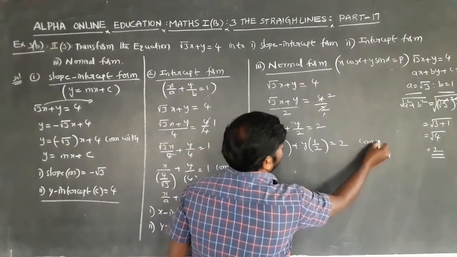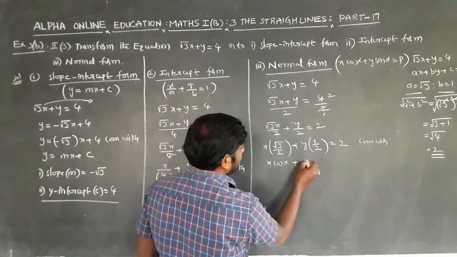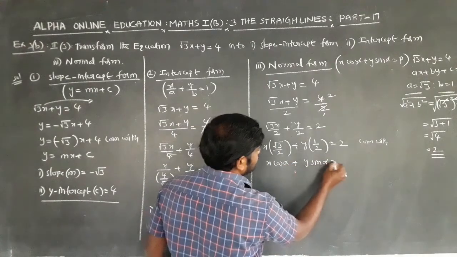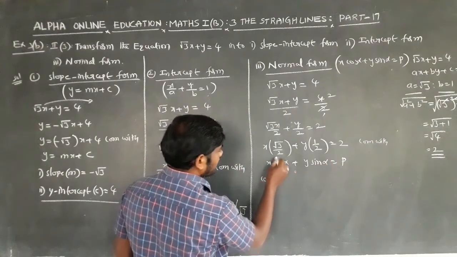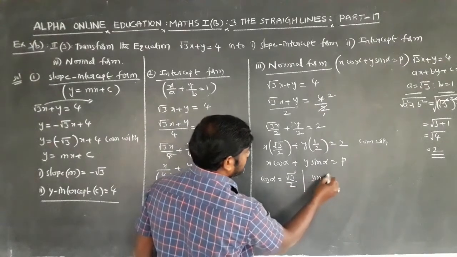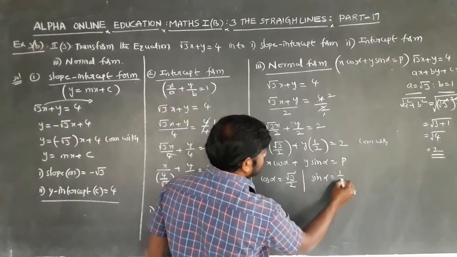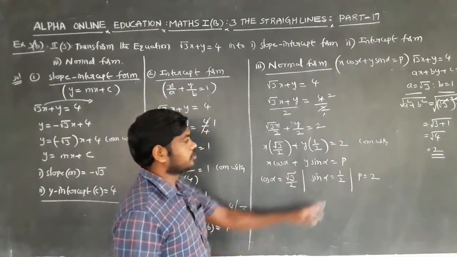Comparing with x cos α + y sin α = p, here cos α = √3/2, sin α = 1/2, and p = 2.